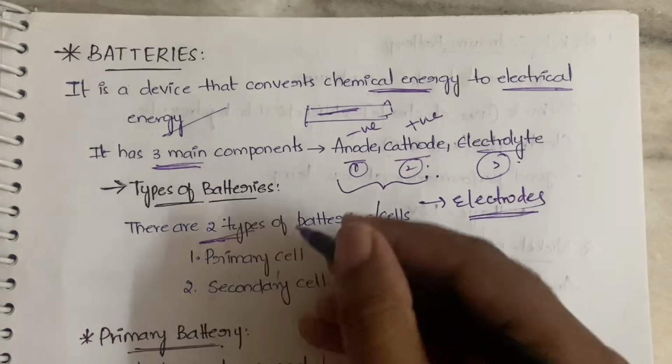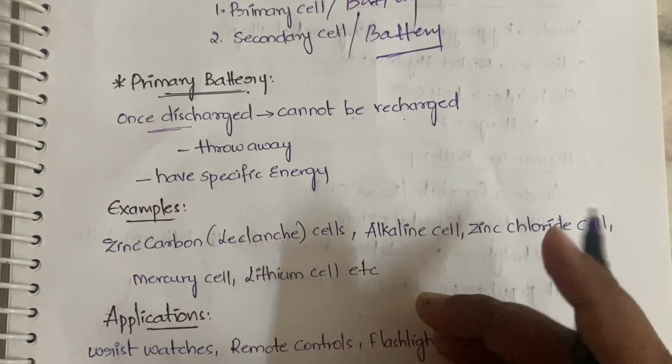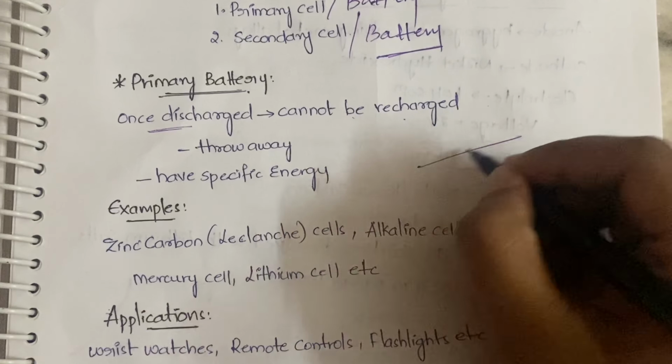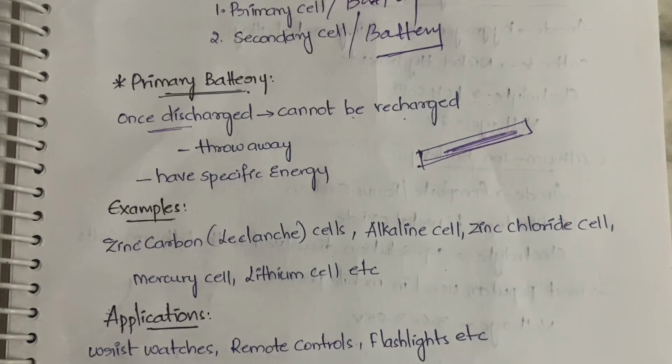The first one is the primary battery. In the case of a primary battery, once it is discharged, you cannot recharge it. Suppose the chemical energy inside the battery is completed, you cannot recharge it again. For example, your mobile phone, you charge it up to 100%, and after using it for 1 or 2 days it comes to 0%.